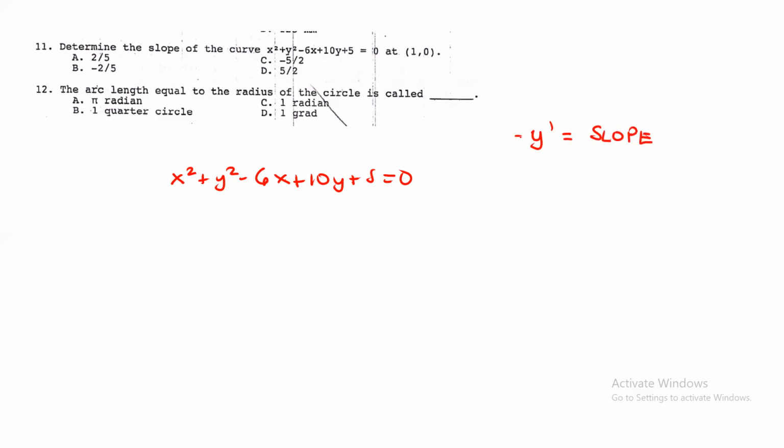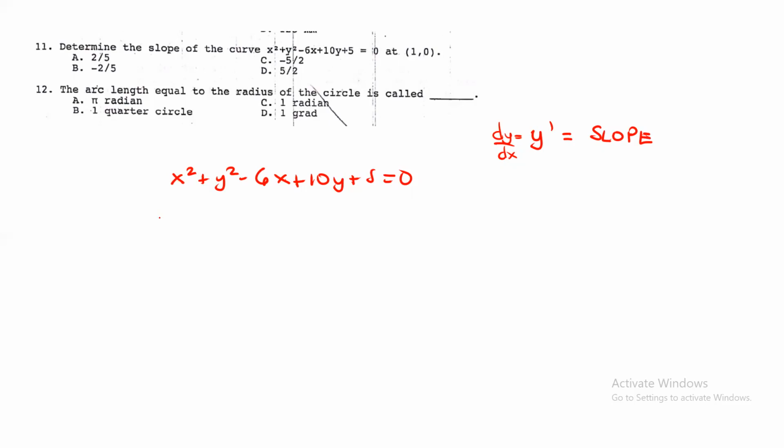Y prime or yung derivative ng y with respect to x. Papalabasin natin yung y prime dito. Both yung function natin or equation natin, both may x at saka y, so gagamitin natin implicit differentiation with respect to x.